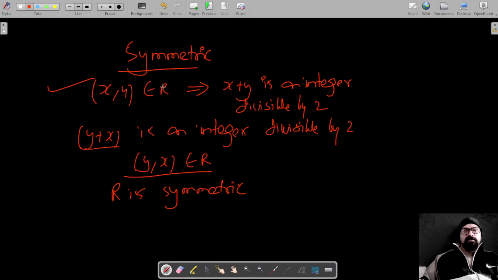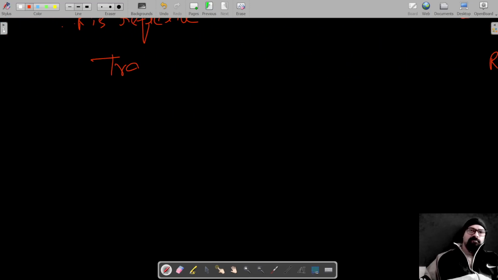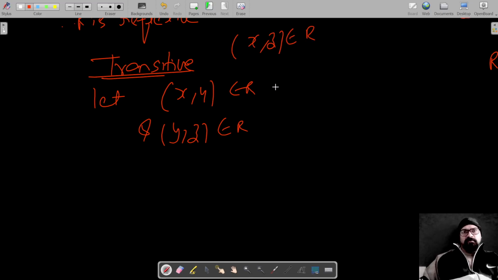And let's check whether it's transitive or not. So for transitive, let's say we have x comma y belongs to R and y comma z belongs to R. And if we are able to prove that x comma z belongs to R, then it's transitive.